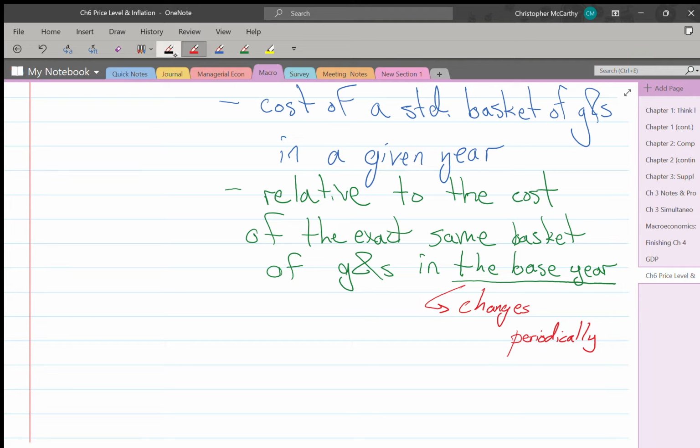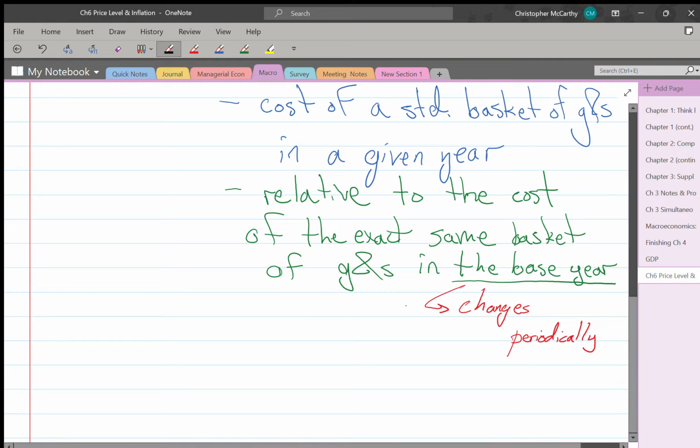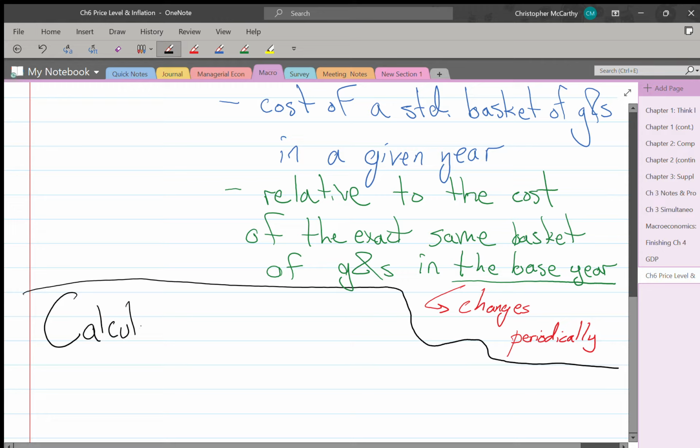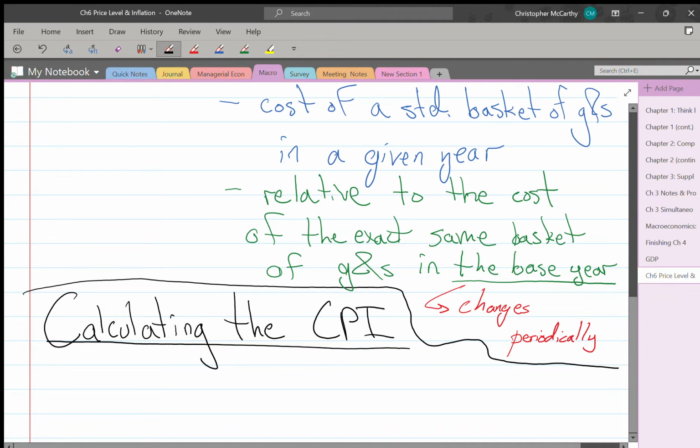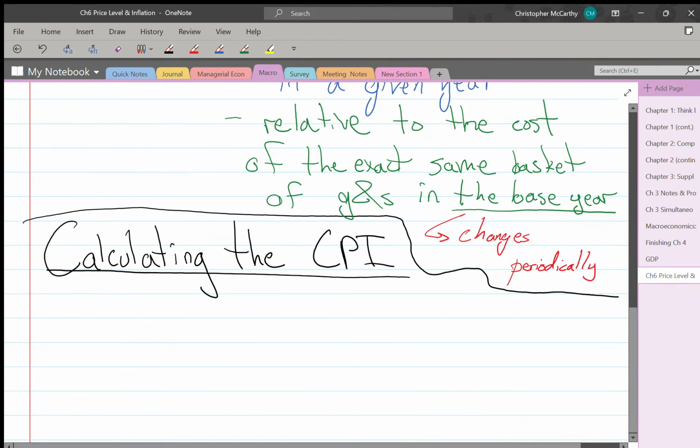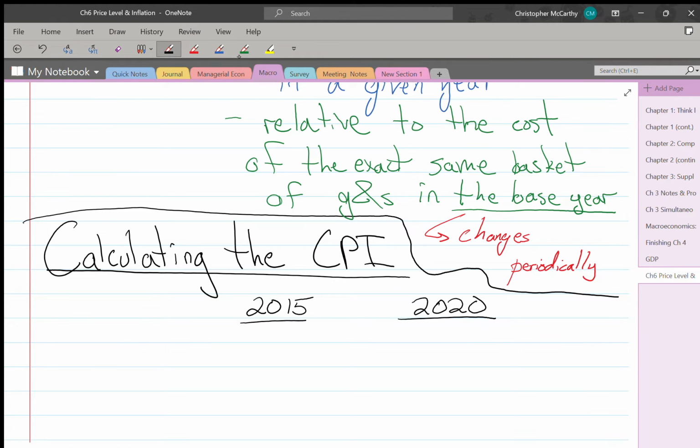So let's go ahead and do an example of calculating the CPI. We're going to have the monthly costs in 2015 and 2020, and we're going to have a basket of goods and services.